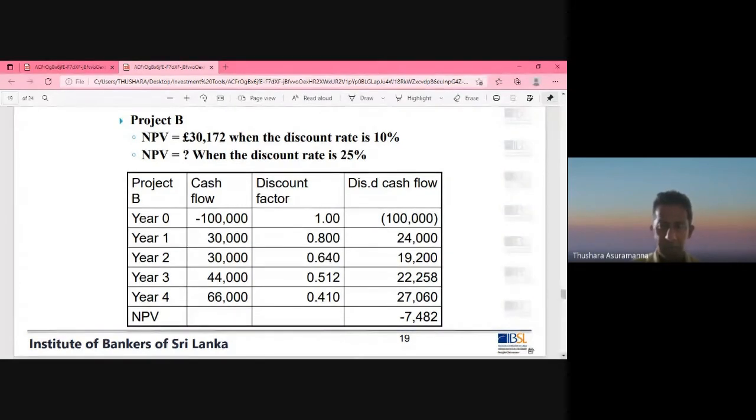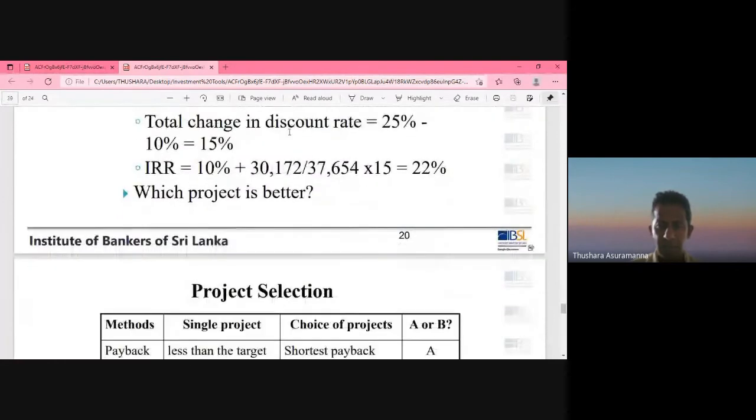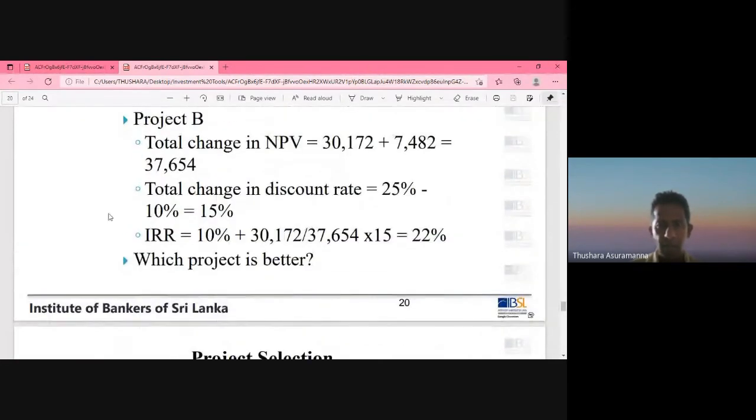Now, just see whether the answer is coming like here. This is the 30, 37. When you say 15, he just takes it as 15, because it's 10%, and then 30, 37 into 15%.